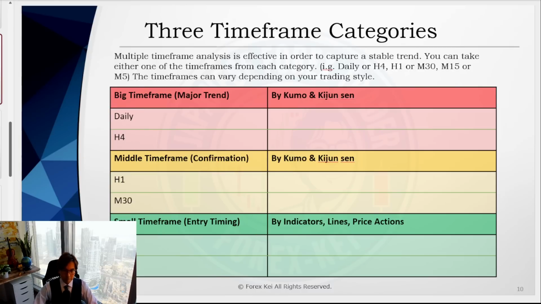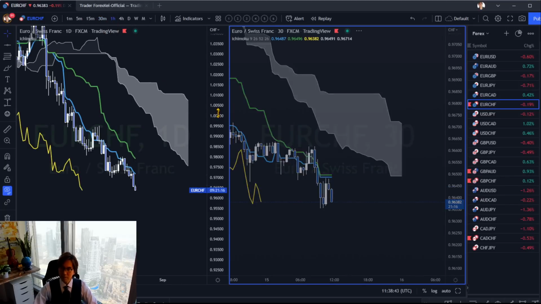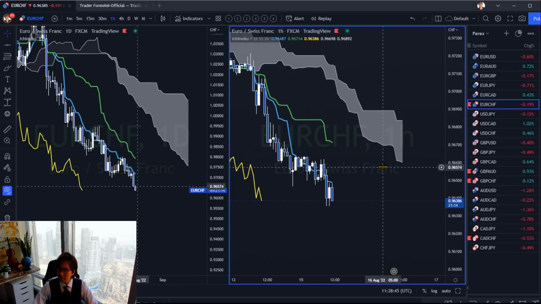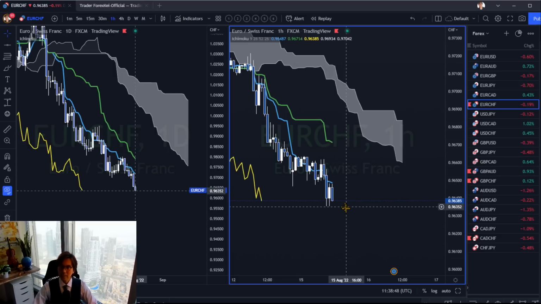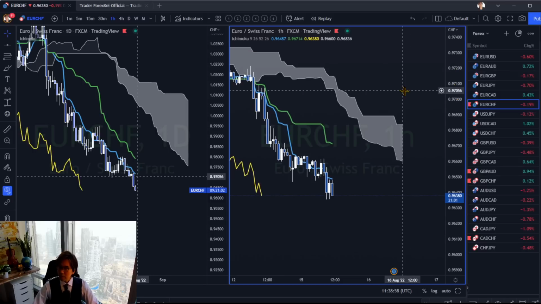So that's how I look for an entry timing. So in this case, again, I go down to the 5-minute and look for the selling opportunity here. And also stop loss. Make sure stop loss is not too wide when I take this trade. Okay.